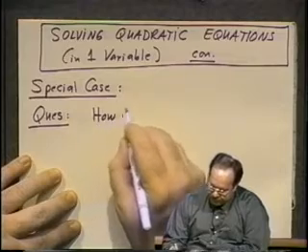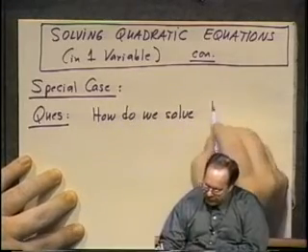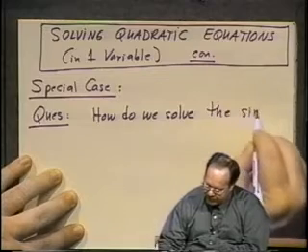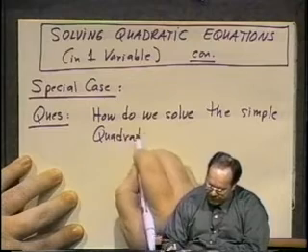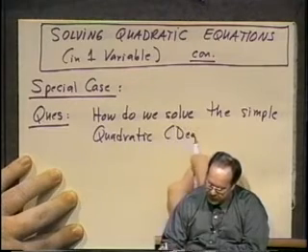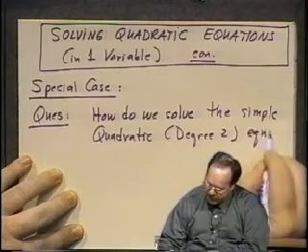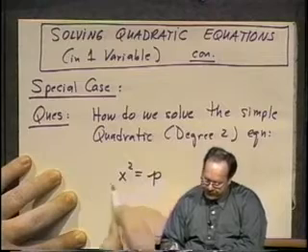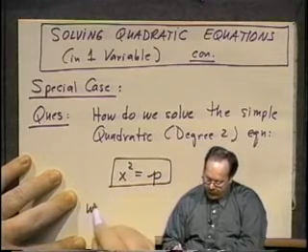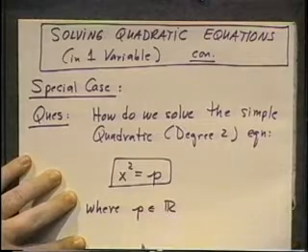How do we solve the simple quadratic equation? And quadratic, remember, is degree 2. Let's keep that in mind. Simple degree 2 equation: x squared equals p, where p is some real number, a constant.